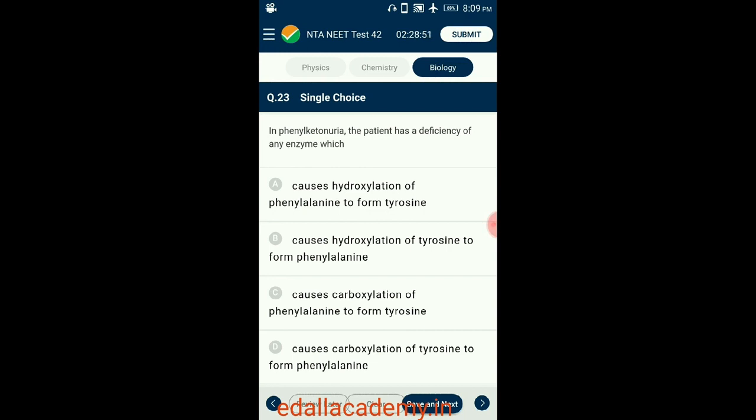Accumulation in the brain results in mental retardation. These are also excreted through urine because of poor absorption by the kidney. The gene encoding phenylalanine hydroxylase is located on chromosome number 12. So the answer for this question is option A, causes hydroxylation of phenylalanine to form tyrosine.